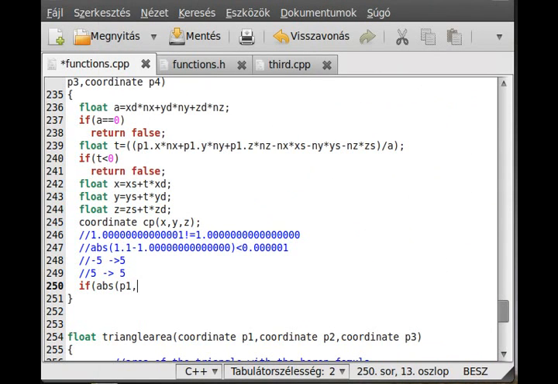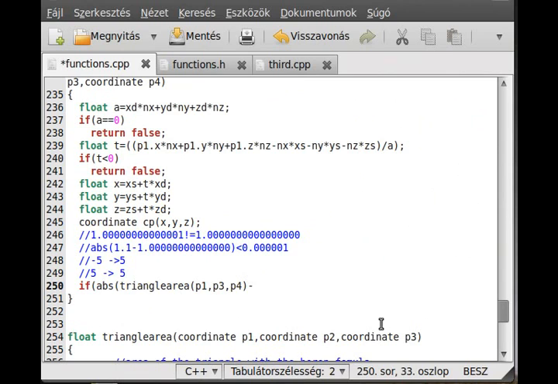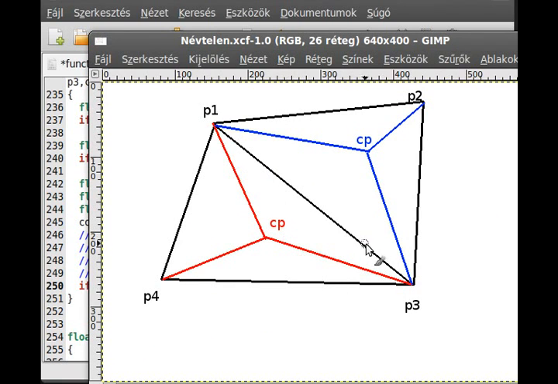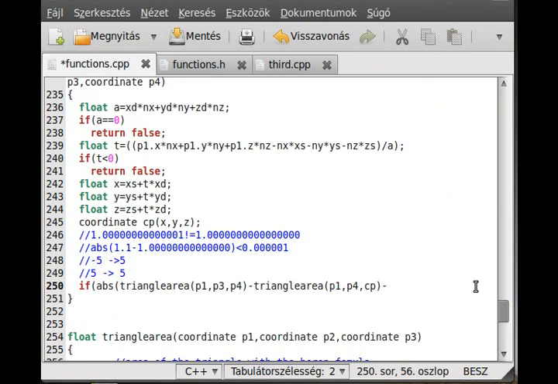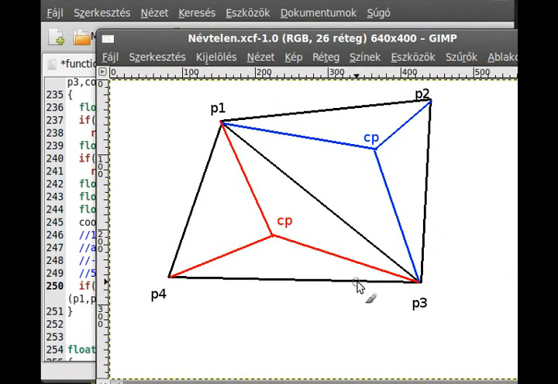So triangle area P1, P3, P4, which is the main triangle, as you can see, minus triangle area P1, P4, CP, minus triangle area P1, P3, CP, and minus the last one, triangle area P3, P4, CP.